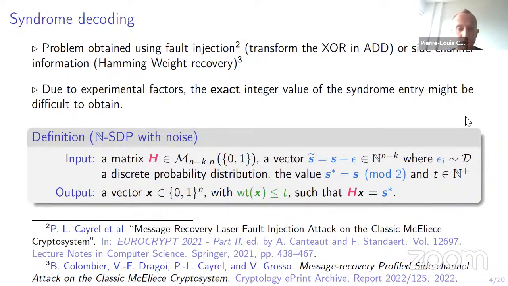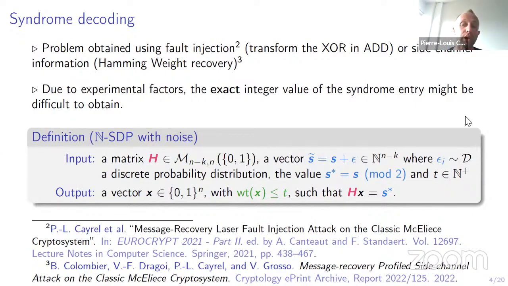We have the same case as before in the NSDP, but instead of having the syndrome S, we add a noise, epsilon, which is a discrete probability distribution of noise. Like in the McEliece cryptosystem, for instance, we also have access to the ciphertext, and the ciphertext is a vector in F2.